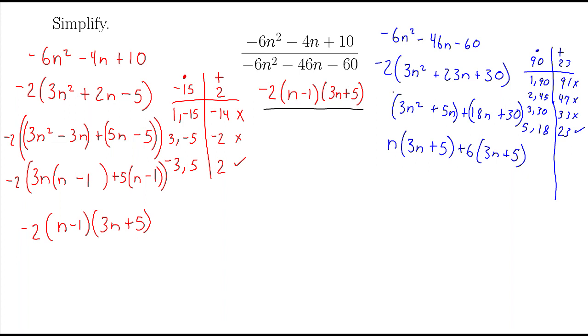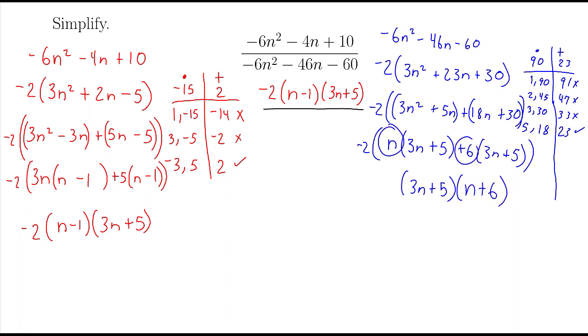Let's not forget, we've got negative 2 hanging out here. Finally, 3n plus 5 is a common factor among these two terms, and n plus 6 is what's hanging on the outside. And don't forget about the negative 2. So negative 2 times 3n plus 5 times n plus 6.